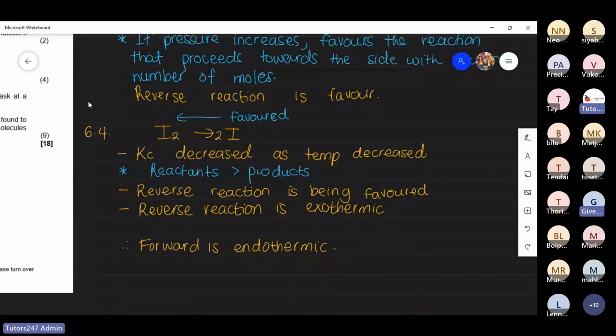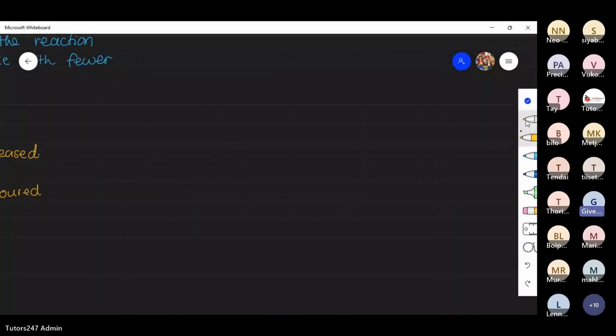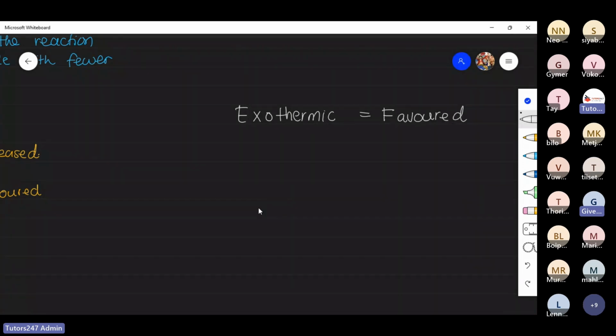If you want to think of it in terms of mathematics, let's do this. Our rule is if there's a decrease in temperature, the exothermic reaction is favored. So exothermic is equal to favored, right? We then know that based on our pressure and our Kc values, the reverse reaction was favored.